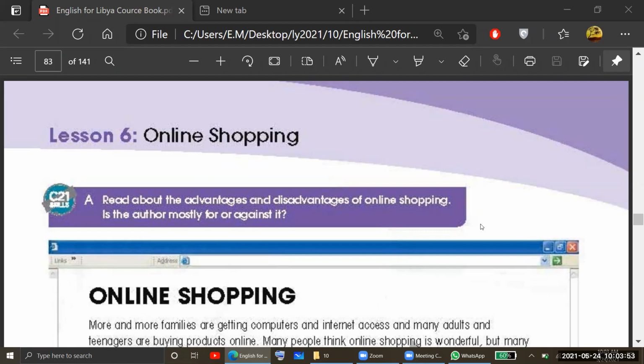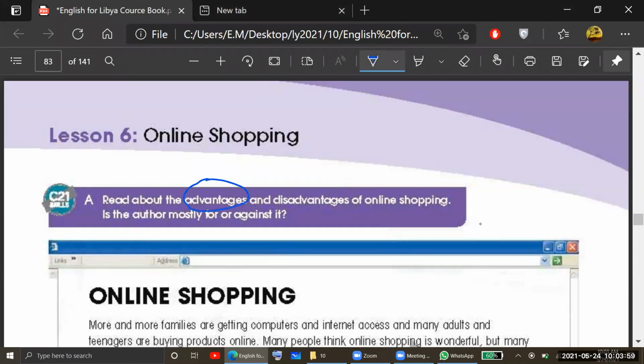Read about, look here please. They are saying read about the advantages and disadvantages of online shopping. Advantages, those are two very important words. Advantages طبعا I'm going to ask you a question by the end of the text. رح أسألكم سؤال بنهاية النص.